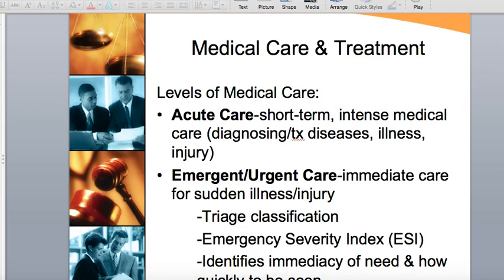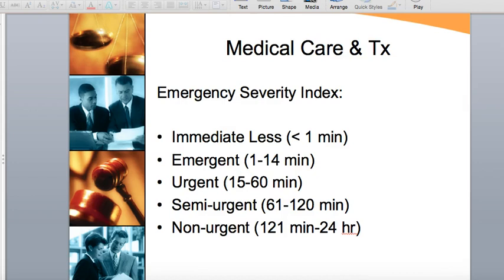Again, the ESI is an index tool to help triage or classify patients in terms of how imminently they need to be seen by a medical staff person. So when you're looking at the Emergency Severity Index, it ranges from immediate to non-urgent. Someone who needs to be seen immediately will need to be seen in less than a minute.